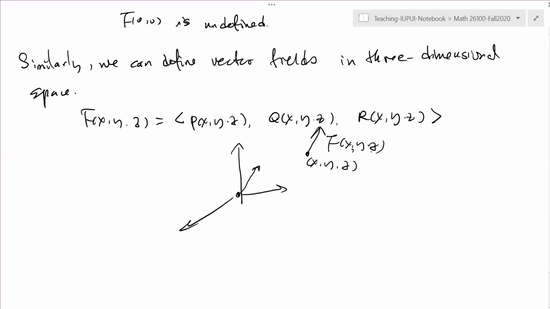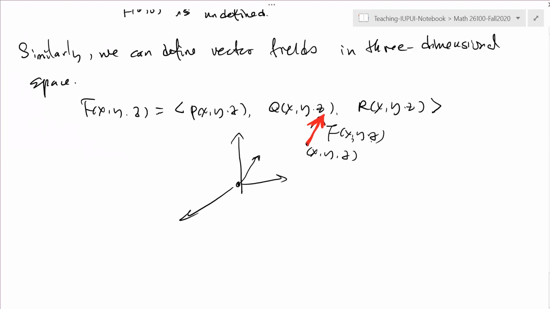If you're told that this is a vector at x, y, z, then you have to draw that one. I'm going to change the colors. This is a red one. So when you sketch the vector, you have to ask yourself, where's the starting point? If it's not specified, then just draw the vector at the origin. If it's specified, then draw the vector starting from that particular point.